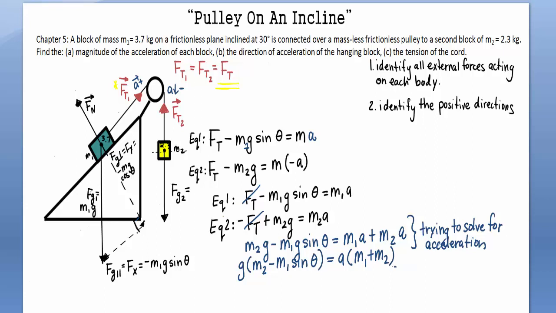Now what I can do is divide both sides by M1 plus M2.